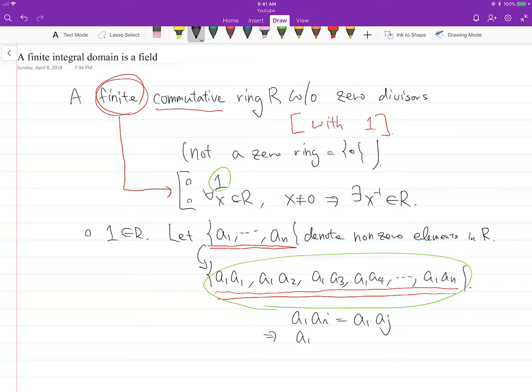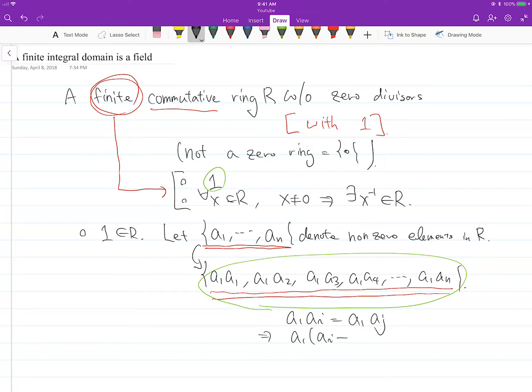Then this implies a1(ai - aj) equals 0, skipping some steps. Since our integral domain doesn't have any zero divisors, and a1 through an are non-zero elements, a1 can't be 0, so ai - aj is 0.